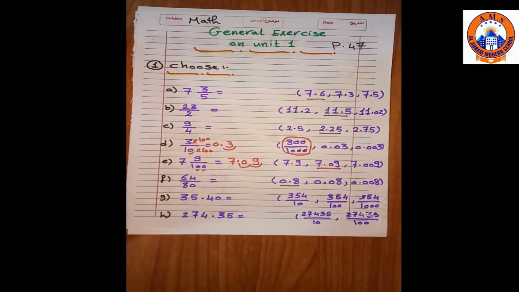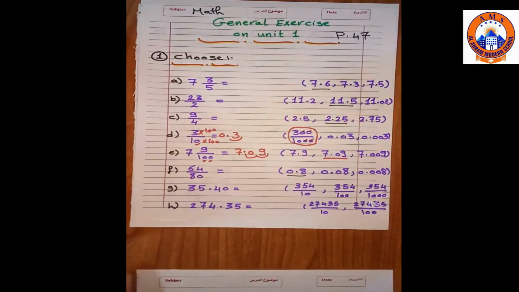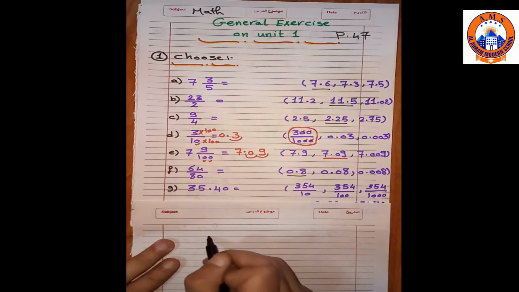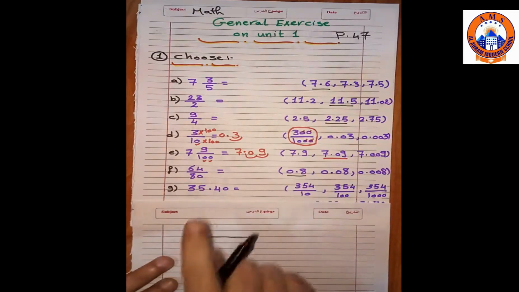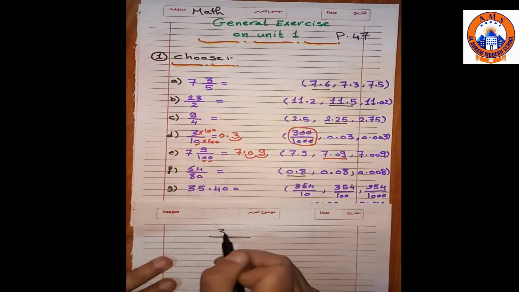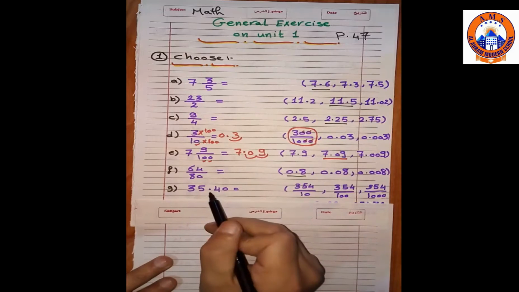The next question, we have 35.40, and we want to change it into a fraction. We can write it as a fraction by putting the fraction bar, and by ignoring the decimal point, the number will be 3,540. And let's count how many decimal places.